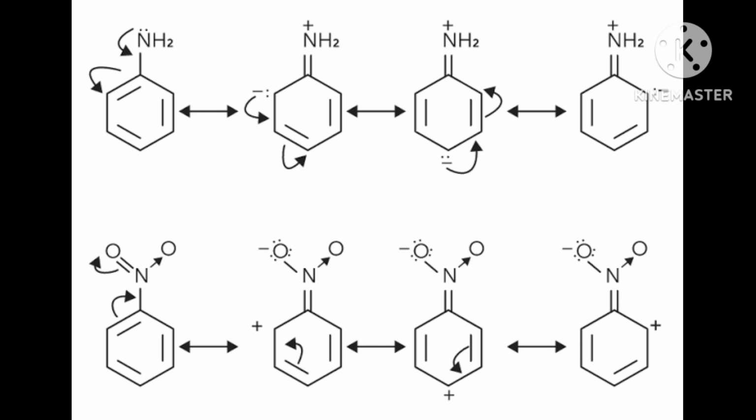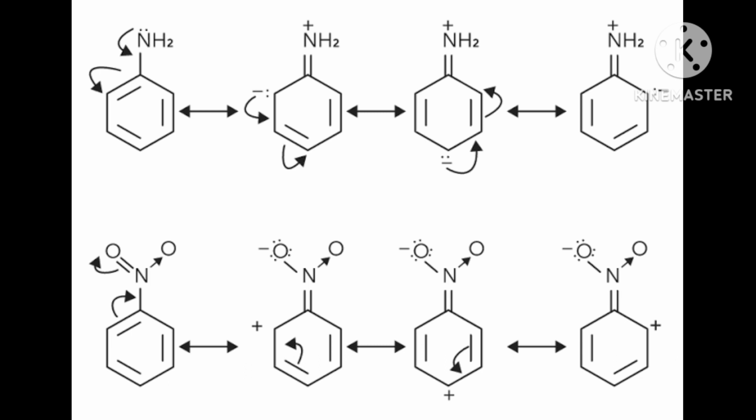And here again an important point: when the lone pair of electrons of nitrogen moved and made a double bond, because it has given electron, nitrogen will have a positive charge. In all 4 structures, nitrogen has a positive charge. And due to this, the electron movement started.